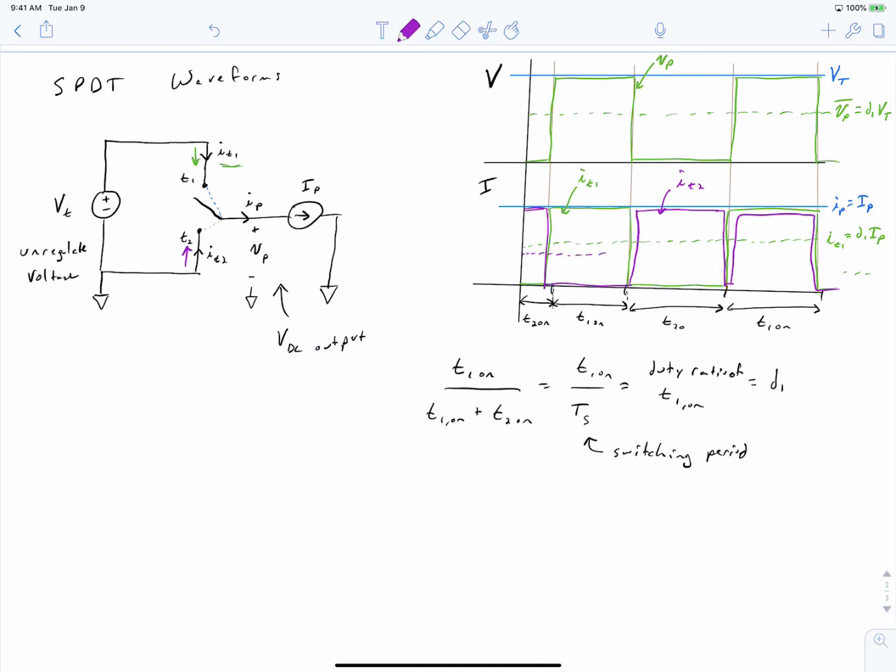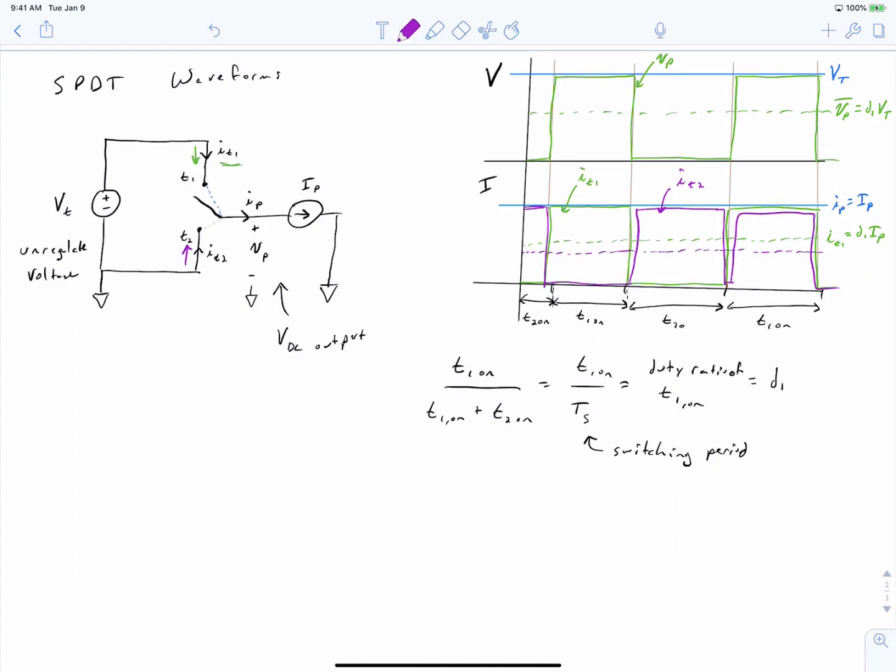And our second throw current also has an average value, and the average value of IT2 is going to be the duty ratio of that waveform times the pole current.